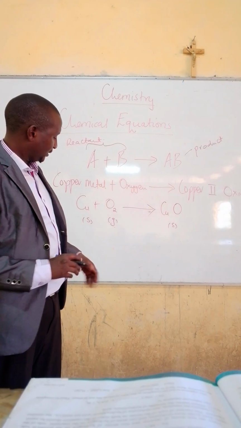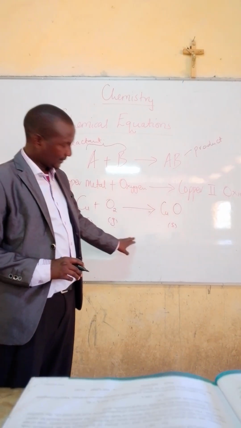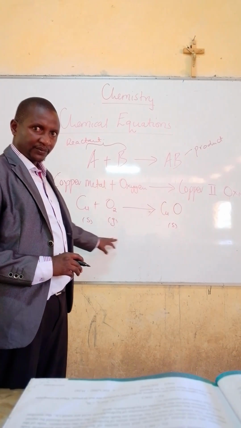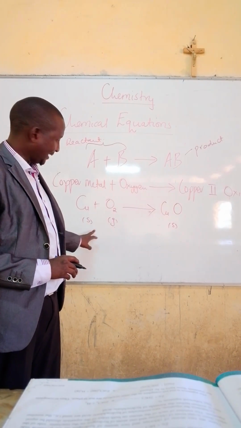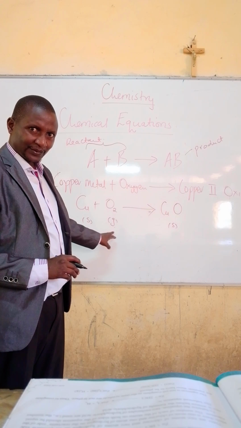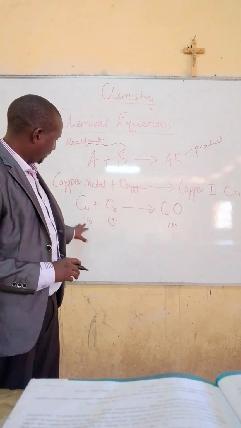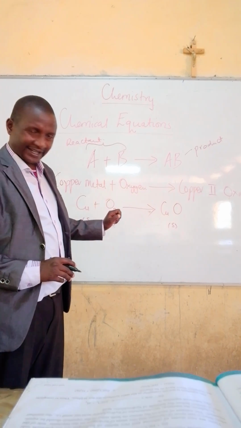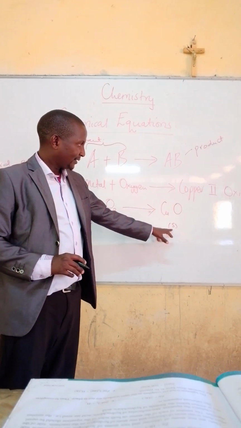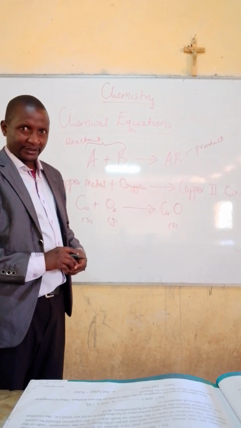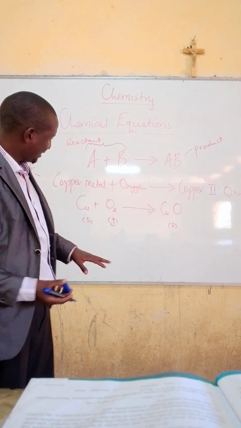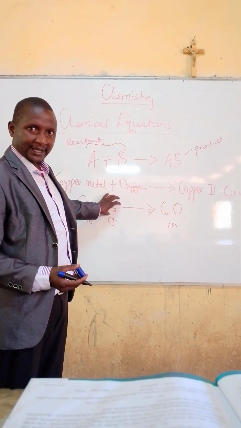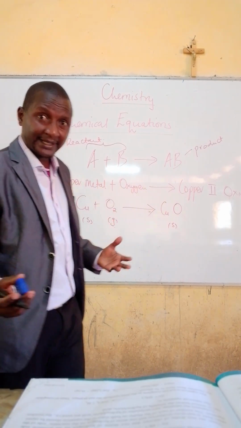Now, in this equation, you also need to write their states. In which physical states are they? Is it a solid, gas, aqueous, or a liquid? So you can see copper is a solid, oxygen exists as a gas, and copper 2 oxide is a solid product. Remember, oxygen is a diatomic gas.